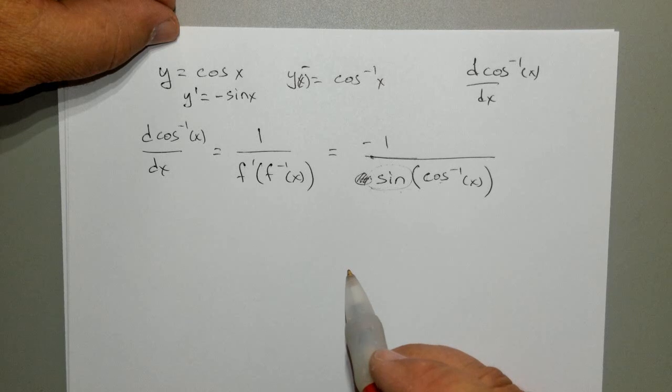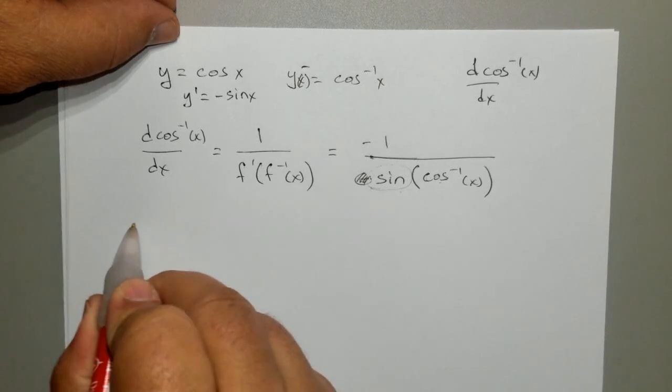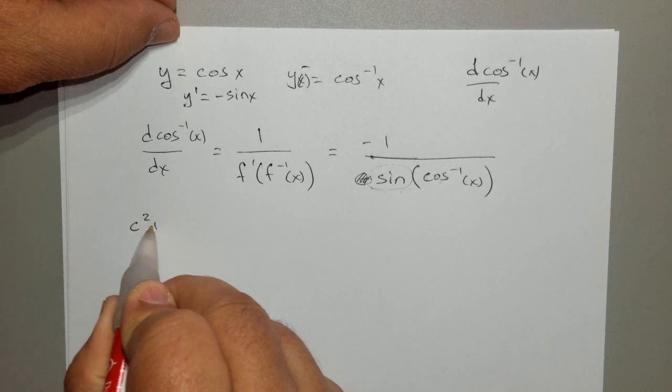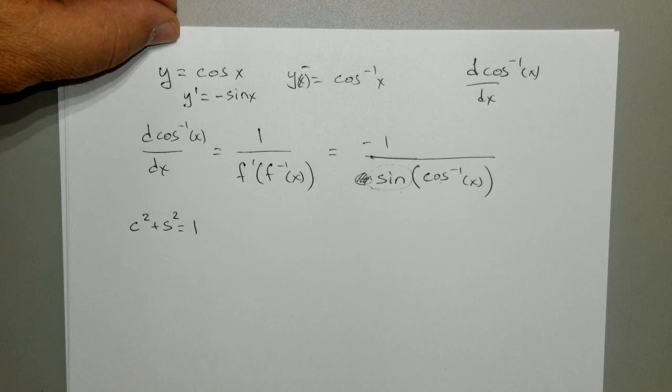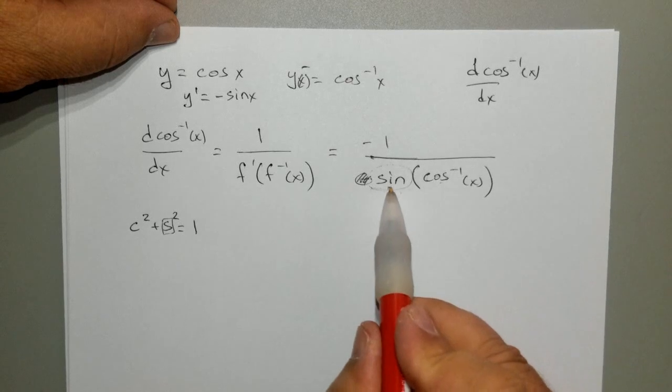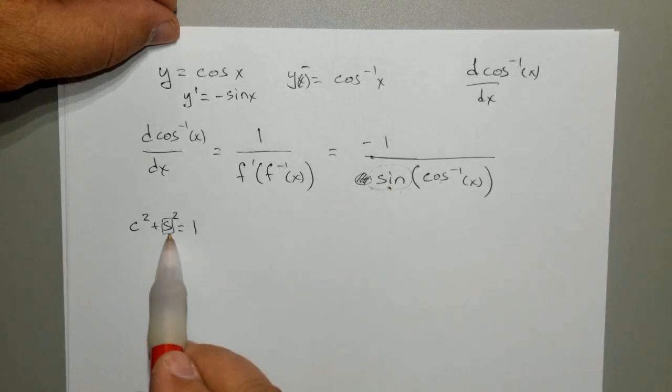How do we do that? From the identities. Cosine squared plus sine squared equals 1. This time, let's solve for sine, because that's what we need. If we solve for sine, it's going to be a function of cosine.